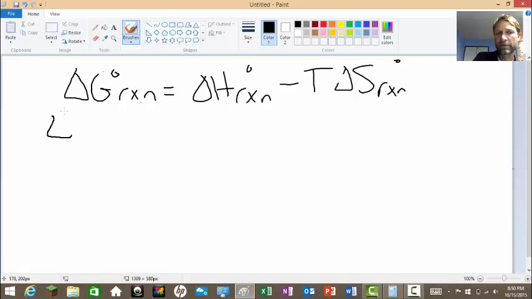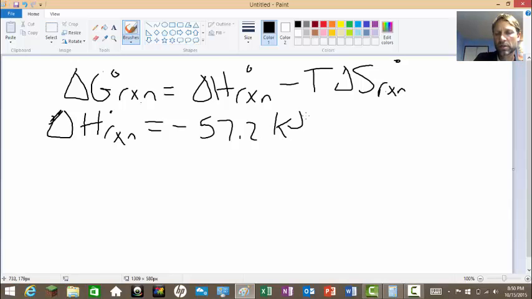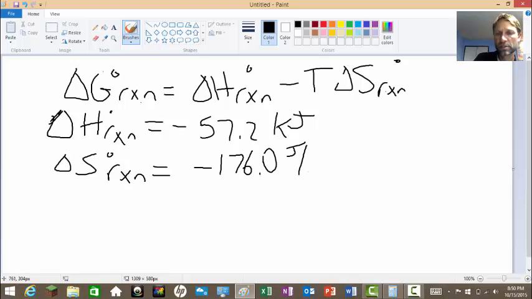And the data we are given is that the delta H of reaction equals minus 57.2 kilojoules, and the delta S of reaction equals minus 176.0 joules per K.